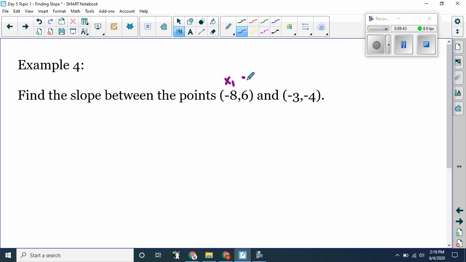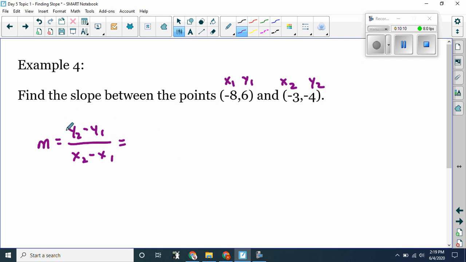Here's x1, y1, x2, y2. Then you write your formula down. m equals y2 minus y sub 1 over x sub 2 minus x sub 1. And then we plug in things where they belong.